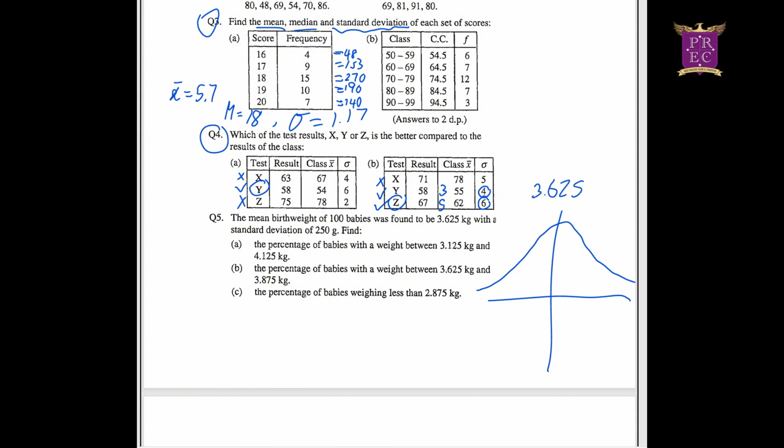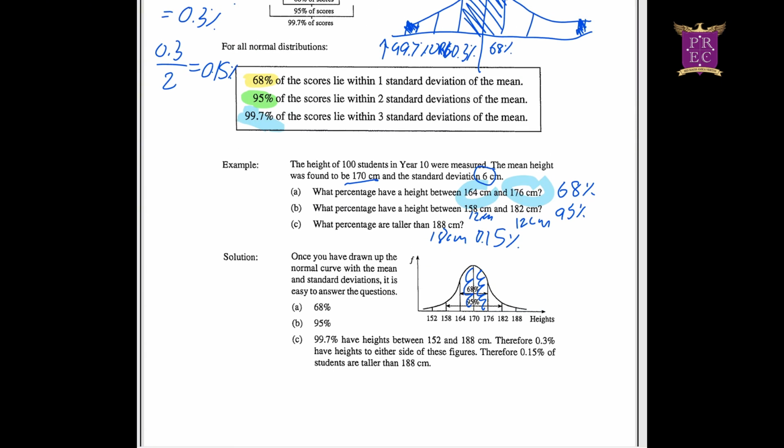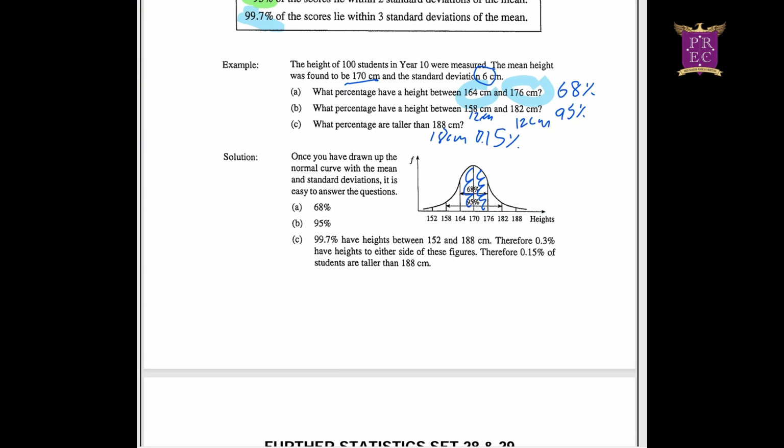They're asking us the babies between 3.125 and 4.125. That's 500 grams on each side. That's 2 standard deviations. 1 and 2. Okay. From the box before, what is 2 standard deviations equal to? 95%.